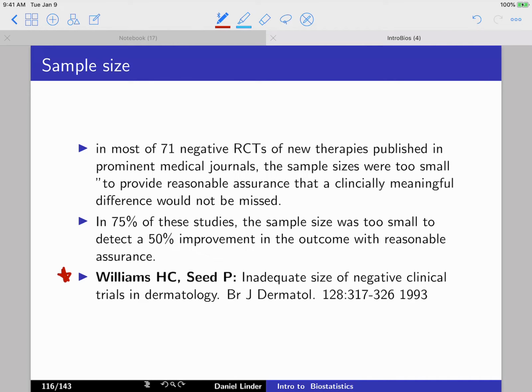In fact, in 75% of these studies, the sample size was so small that you didn't even have a reasonable assurance to detect up to a 50% improvement. So these kinds of studies are essentially doomed to failure from the start.